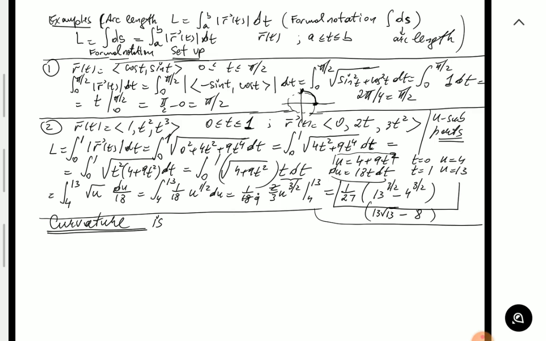So let's write it actually in green here. The curvature is a scalar, because that's like a definition.